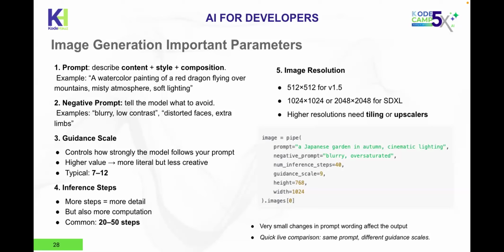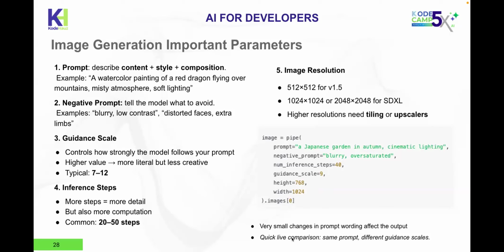Then you can see the number of inference steps there. You can see the guidance scale, like we said, that is to show how much it should follow my guidance or not. Then the dimension of the image, the height and the width, right? So we'll try this. Now, one of the things we will also try is when you change your prompt just slightly, we'll see how it impacts the image, right?